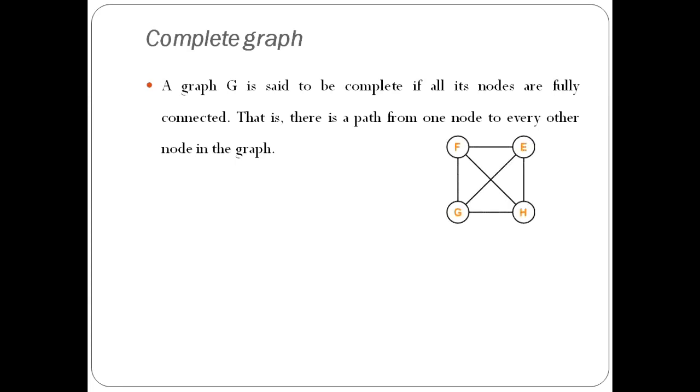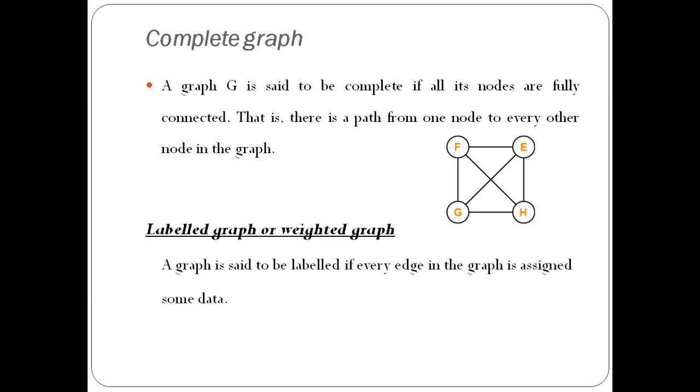If we consider a particular node F, there exists a path from node F to every other node in the graph: from F to E, from F to H, and also from F to G. In the same way, for H, there exists a path from H to E, H to F, and H to G. For all the other nodes, the same scenario is present. So a complete graph is a graph where there exists a path from one node to every other node in the graph.